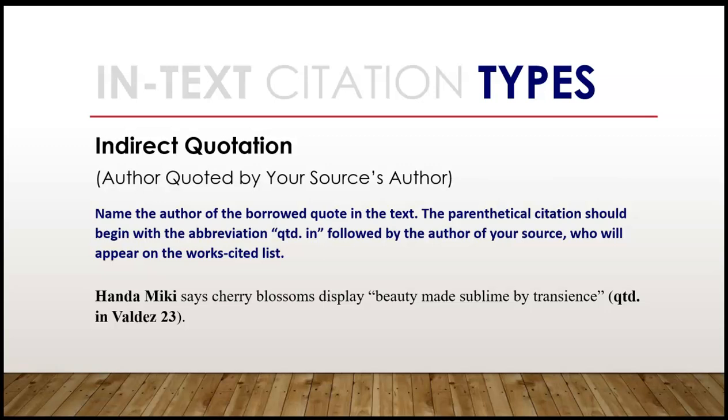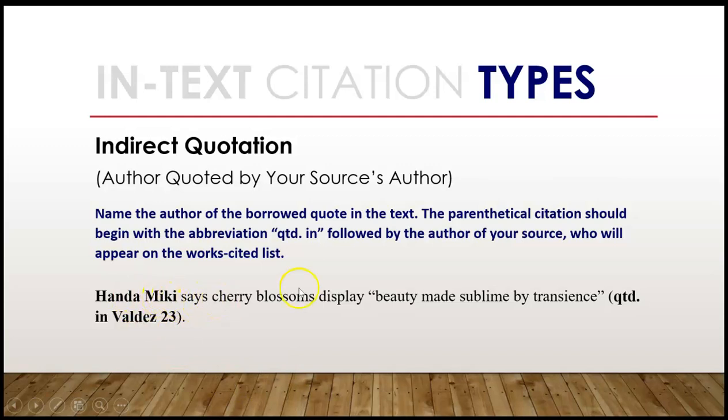Name the author of the borrowed quote in the text. The parenthetical citation should begin with the abbreviation quoted in, or qtd. in, followed by the author of your source who will appear on the works cited list. So here, Valdez, which you see in the parenthetical, that's actually your Stephen Colbert, and Honda Miki would be Fallon.